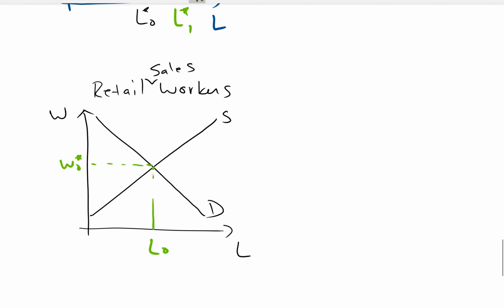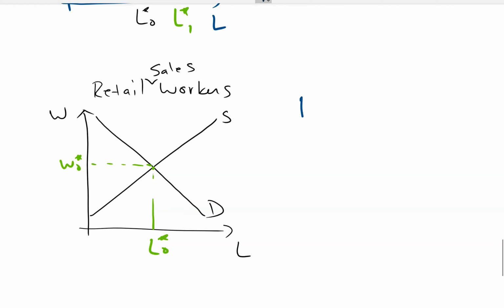Then some change happens. Suppose there are other growing fields that need workers of this type. I would guess people in retail sales are often younger, although not always, and high school graduates, but generally not college graduates. So this is a medium skill, medium education group.